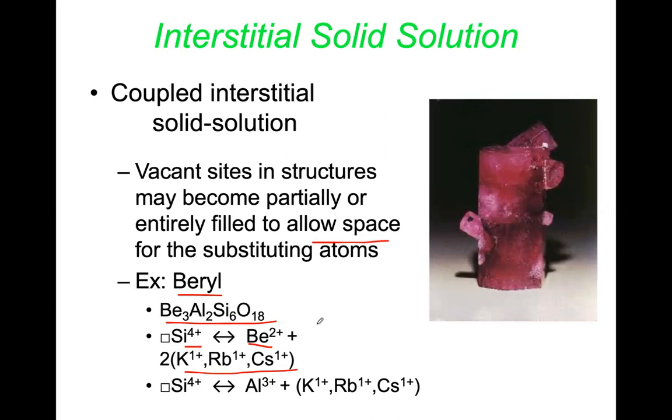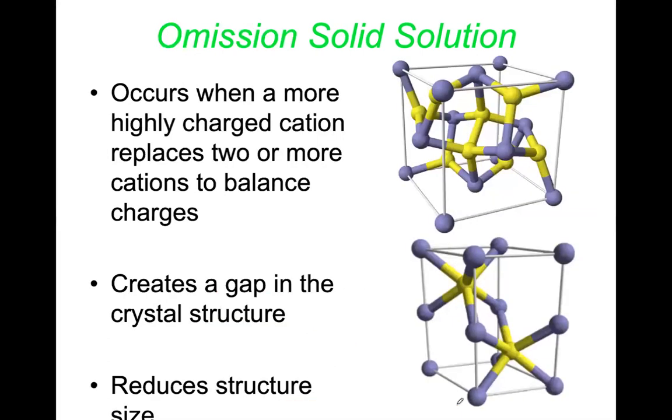Anyway, it should provide 2 plus charge, either 2 potassiums or 2 rubidiums or 2 cesiums, or even a combination of these, one each. That's possible, right? So it will produce an interstitial solution behavior there.